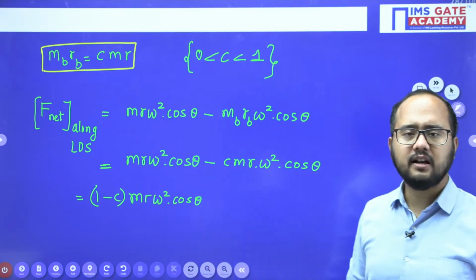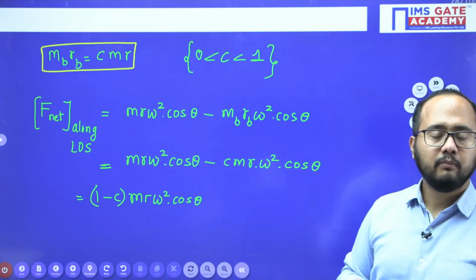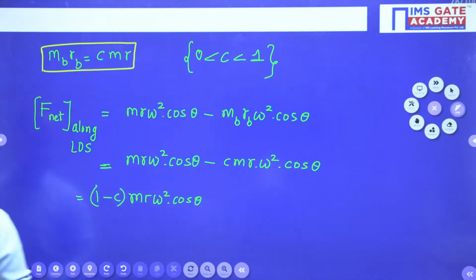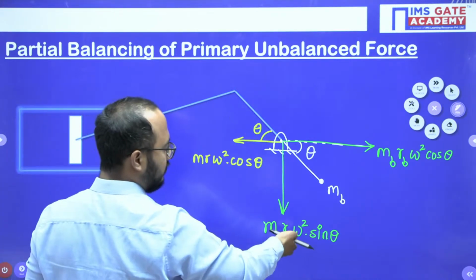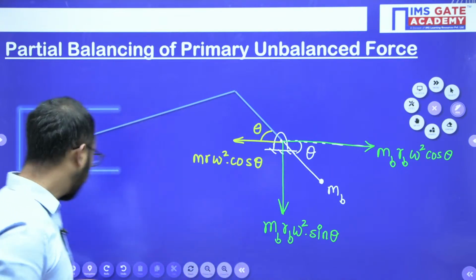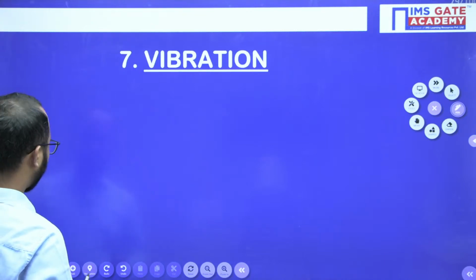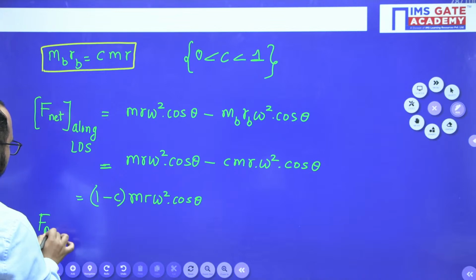Now what is the net force perpendicular to the line of stroke? Perpendicular to the line of stroke there will be a force here. So what is the net force? This one only, right? Because along the line of stroke we have to take the difference.